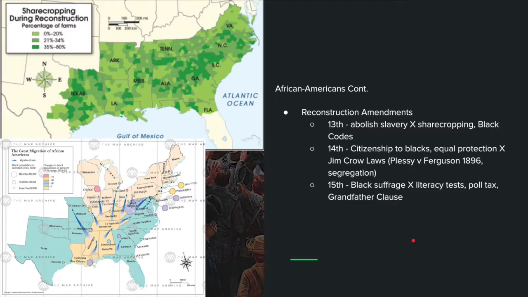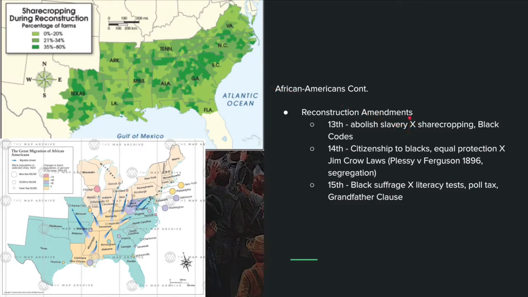We also have the Reconstruction Amendments, which you definitely need to know, okay? The 13th is going to abolish slavery. Go check out Kanye's tweet where he says we should get rid of the 13th Amendment. Interesting idea there. But this is going to abolish slavery in all of the United States.